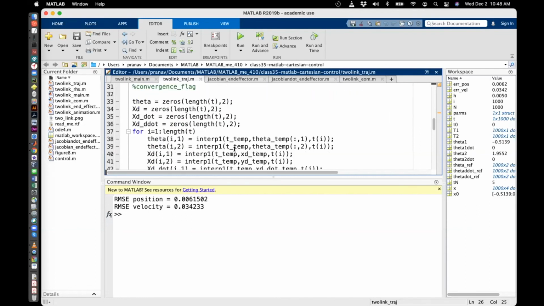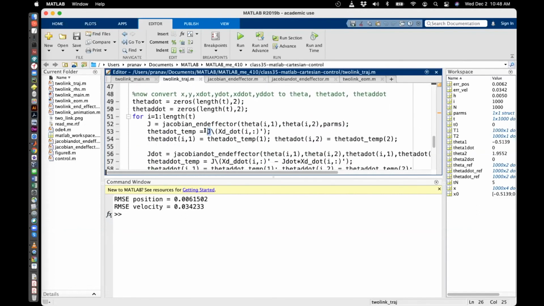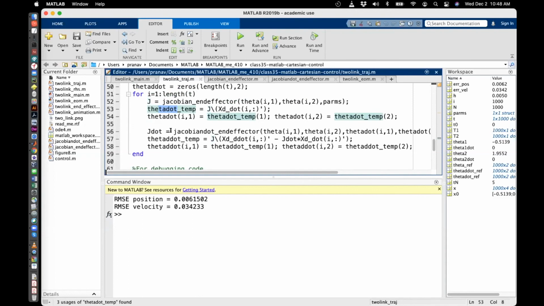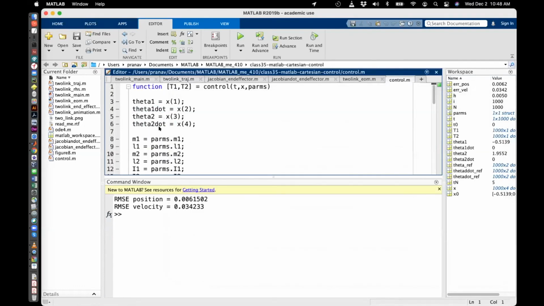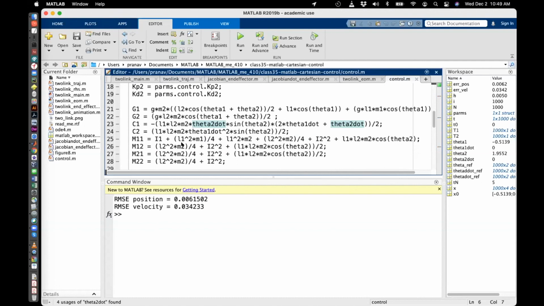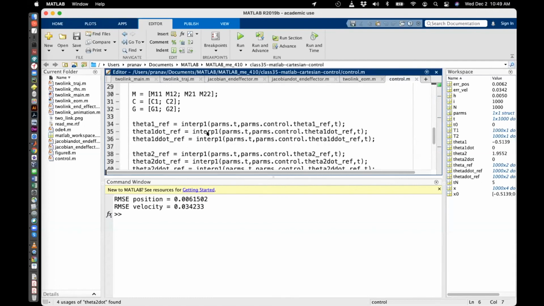And then I use j inverse times x dot ref to get theta dot, and then I've used j dot and j inverse to get theta double dot. Okay, and then once you do that, it's all a matter of putting this in controls, which basically takes in those values, uses control partitioning, and then just tracks the reference.